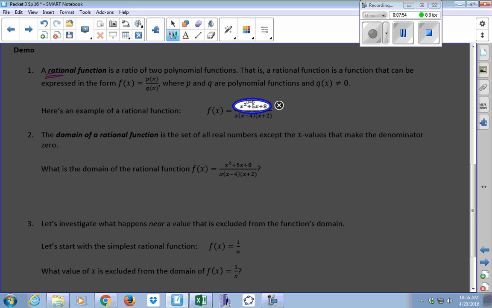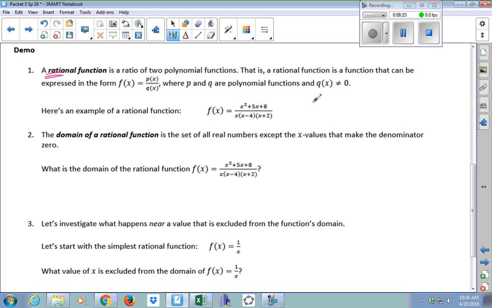It's a 2nd degree trinomial, 3 terms, or a quadratic polynomial. And then if we came down here and expanded the denominator, this would be a 3rd degree because you've got 1, 2, 3 linear factors. You add 1 plus 1 plus 1, that would give you 3. And if you multiplied this all out, you'd get x to the 3rd as your first term. So this is a 3rd degree polynomial here. So if we divide these 2 things, then we're going to end up with a rational function.